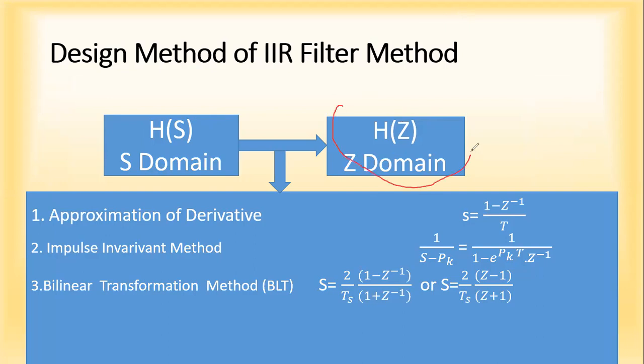This is one part of the discussion. Now we have given the H of s domain, we are converting this into H of z, and these are the three methods we discussed. So s gets converted into the z domain.